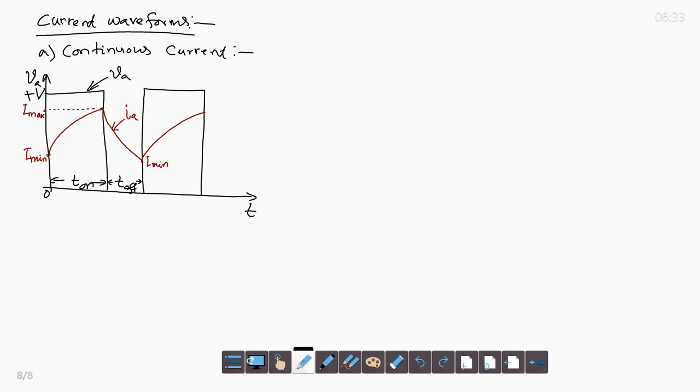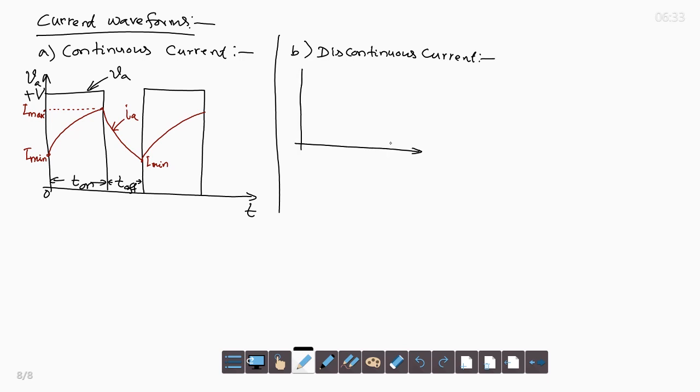For the discontinuous case, current starts from 0 at the on interval, it increases exponentially and again decreases to 0. This is the on time, and this is the point Tm, the time when current comes to 0, and then current remains 0.